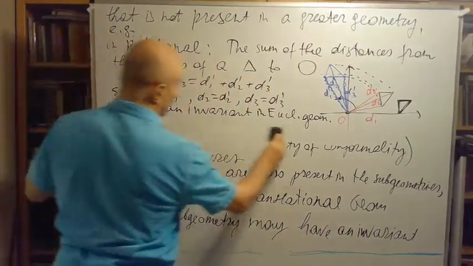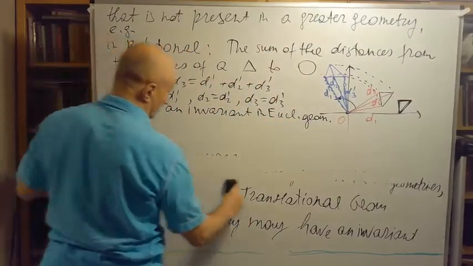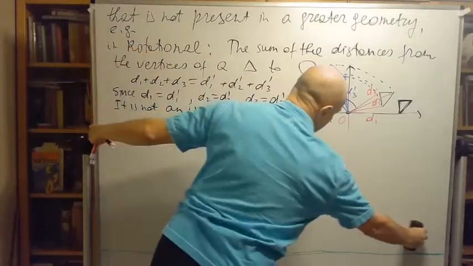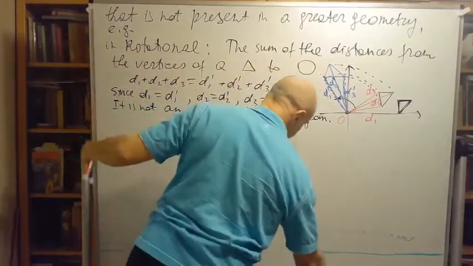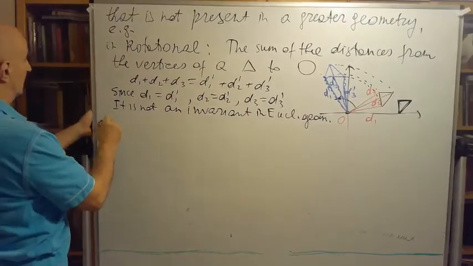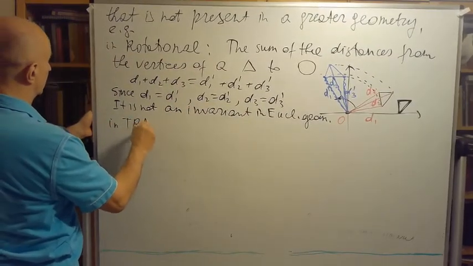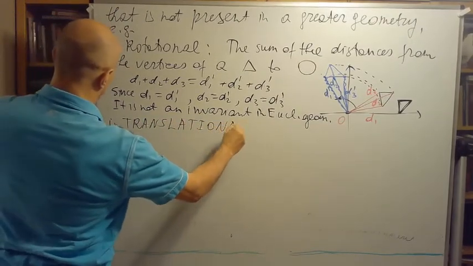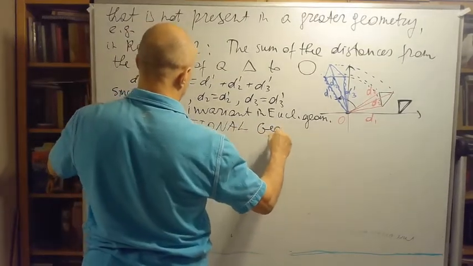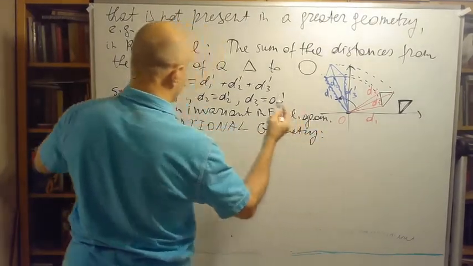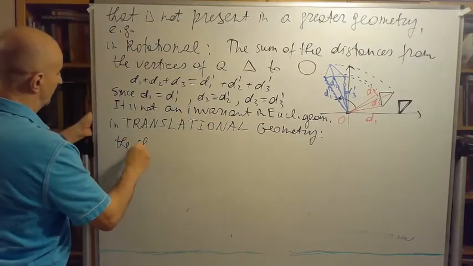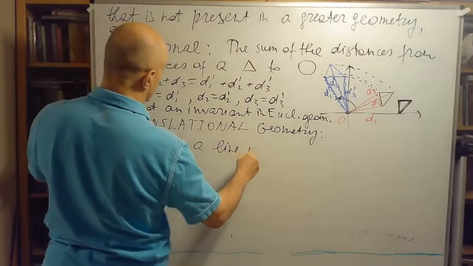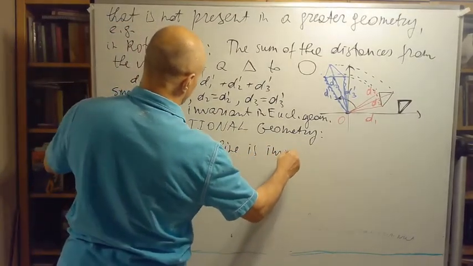And you can provide an example in translational geometry as well. For instance, in translational geometry, the slope of a line is an invariant.